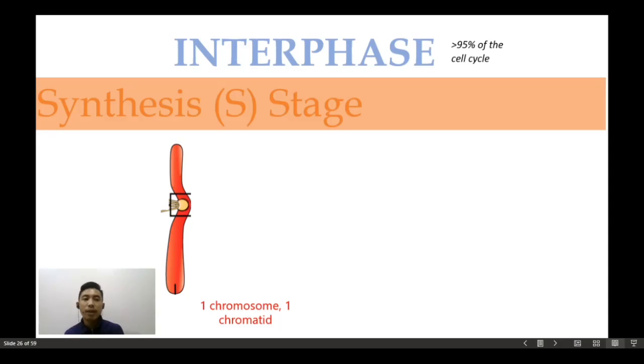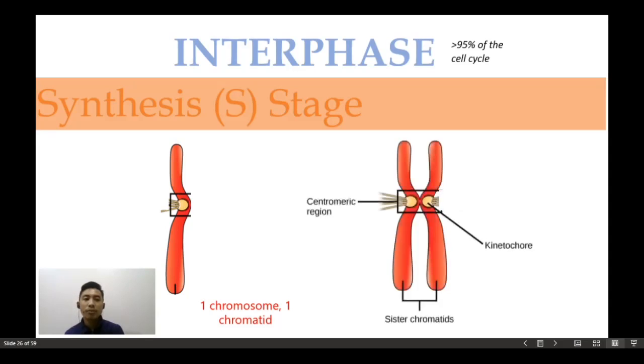Aside from that, you are correct that the chromosome also looks like this one. This time, it has two chromatids attached together at the central portion, which is called the centromere. These two chromatids are called sister chromatids. The composition of this chromatid is the same as the composition on the right.